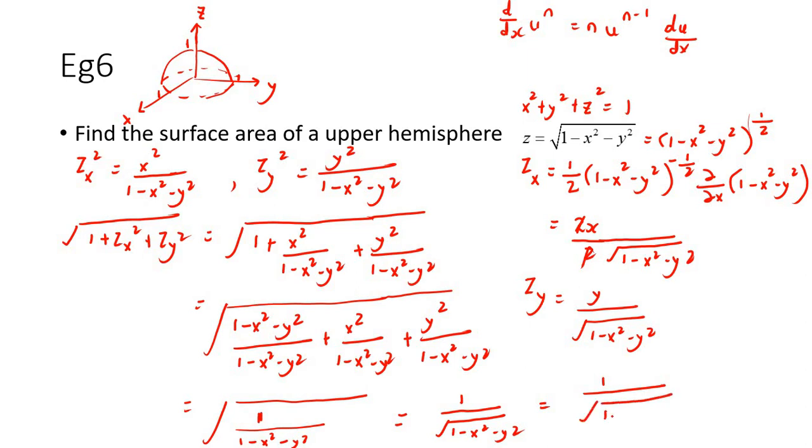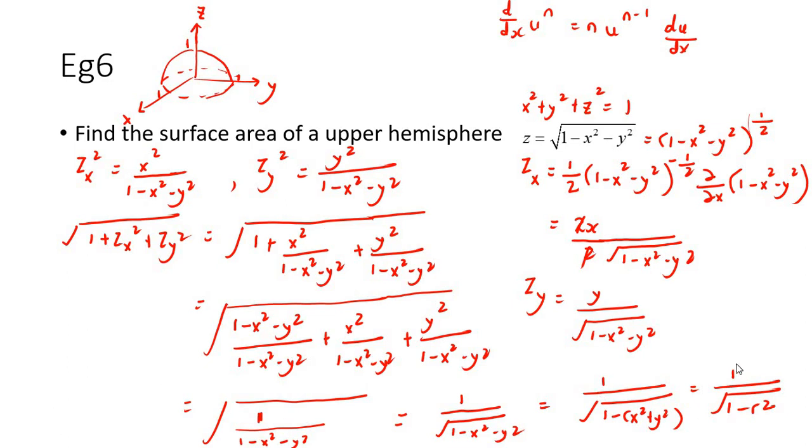So factor out negative, so x squared plus y squared, so 1 divided by the square root of 1 minus r squared. This is for the integrand.